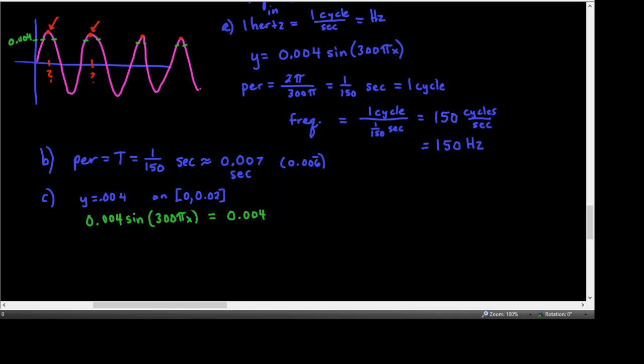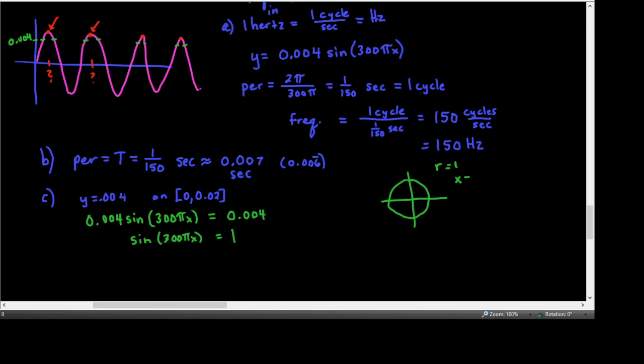Okay? So, solving this equation. Divide both sides by 0.004 to get the trig function all by itself, which gives you 1. And if you think about the unit circle, since sine being 1 is a unit circle answer for a quadrantal, said this a couple of times, but it bears repeating.